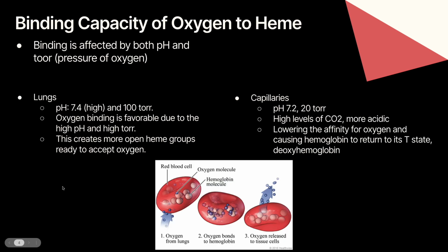So let's talk about the difference between the binding capacity in different locations. Binding in general is affected by both pH and torr, or the pressure of oxygen. So if we look at the lungs, our pH in the lungs is 7.4. This is relatively high, and we have 100 torr here, which is at a relatively high pressure.